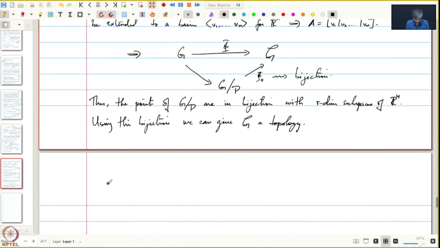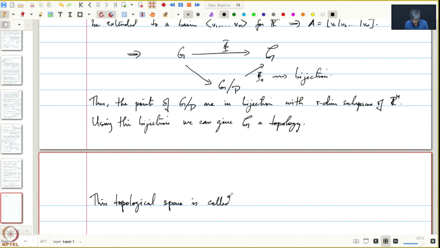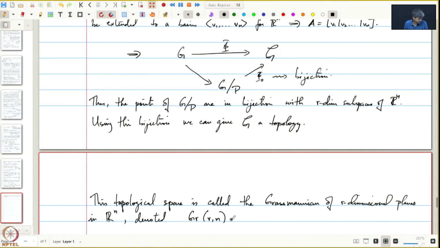This topological space is called the Grassmannian of r dimensional planes in Rn, and it's denoted Grassmannian r, n.